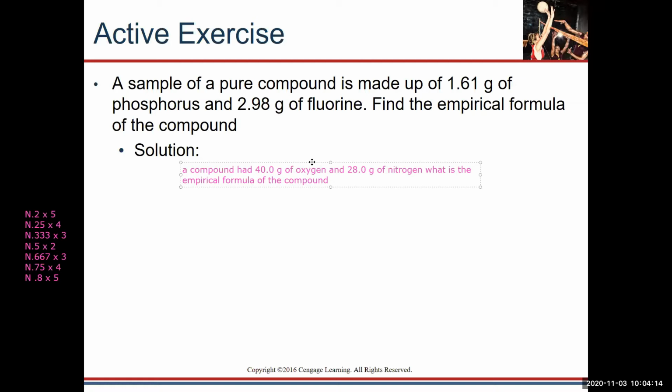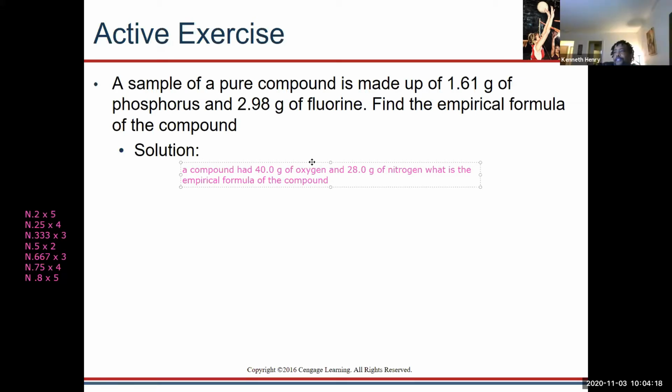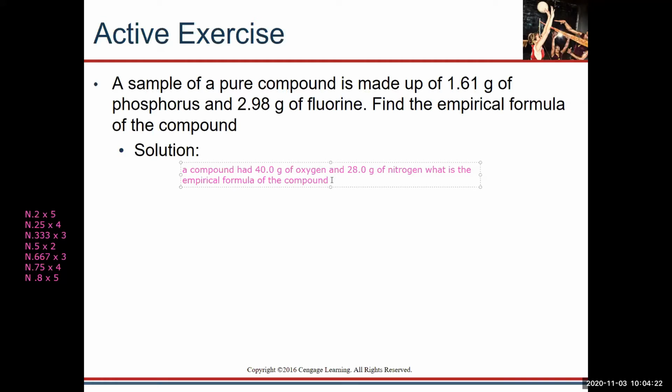What was the question again? What is the empirical formula of the compound? You guys don't see the question on the board in pink? Yeah, I see it.